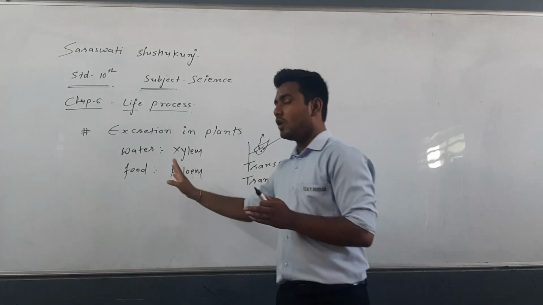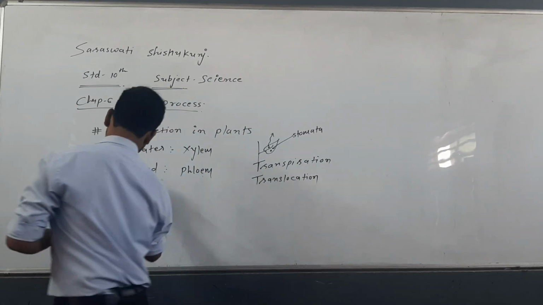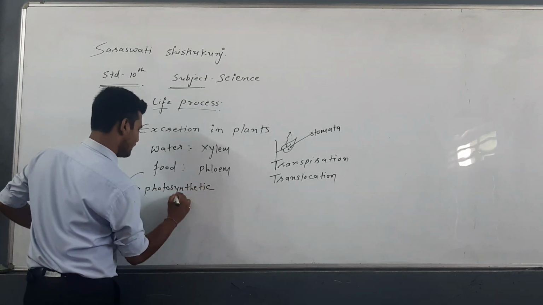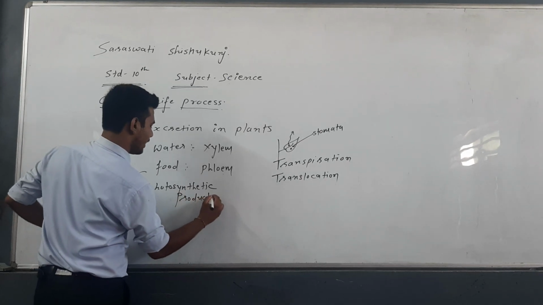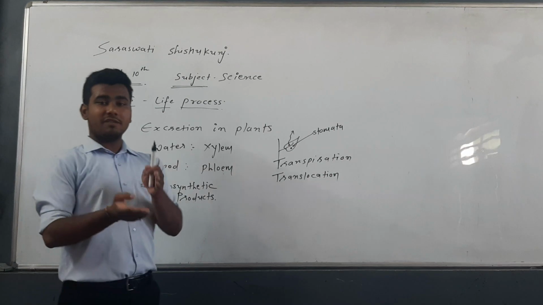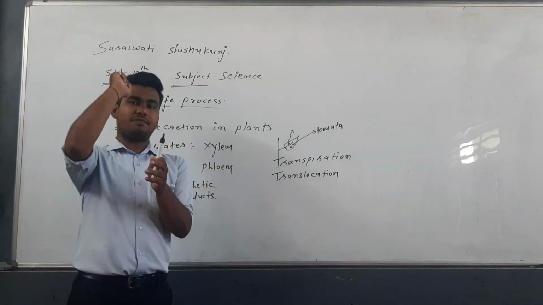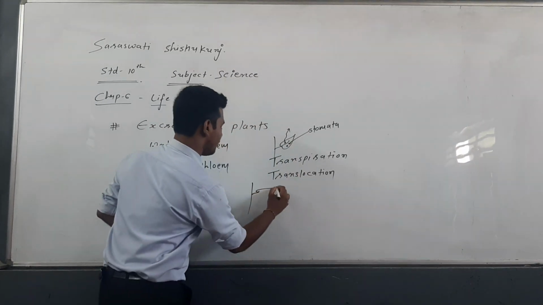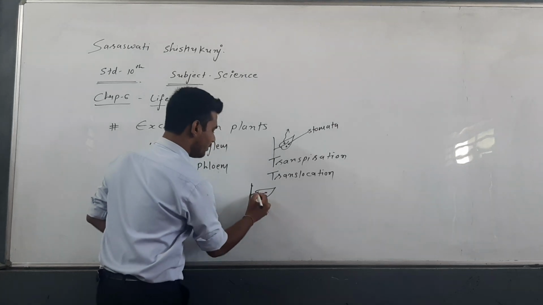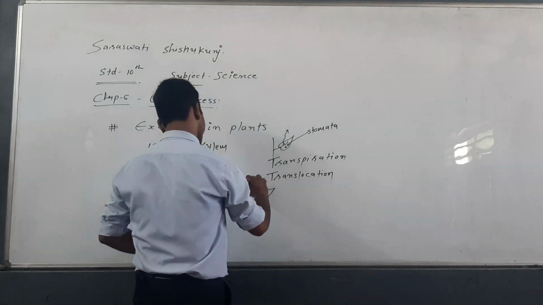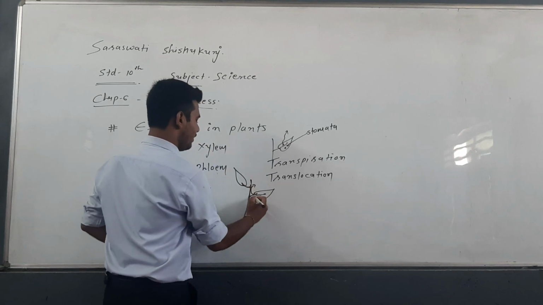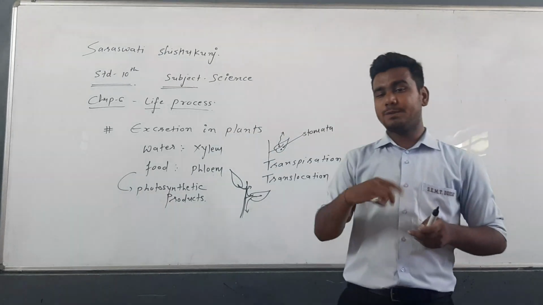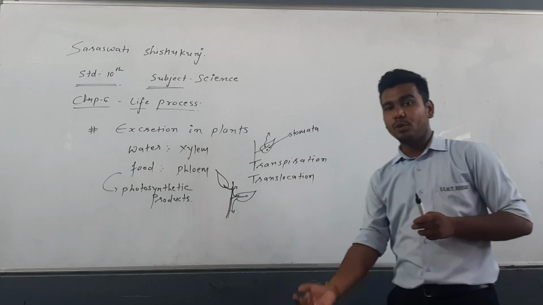But photosynthetic products move in both directions, from downward to upward and from upward to downward, because a leaf provides food in the upward direction also, and in the downward direction. So translocation is done in both directions, while transpiration is done only in one direction, from roots to top.